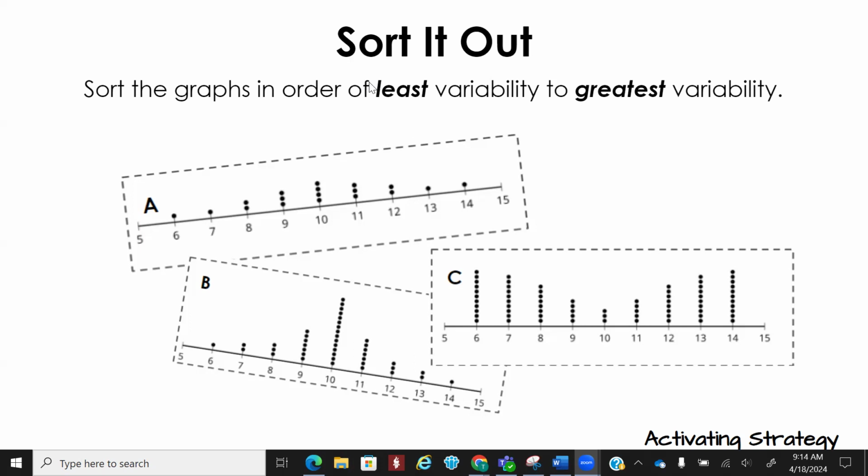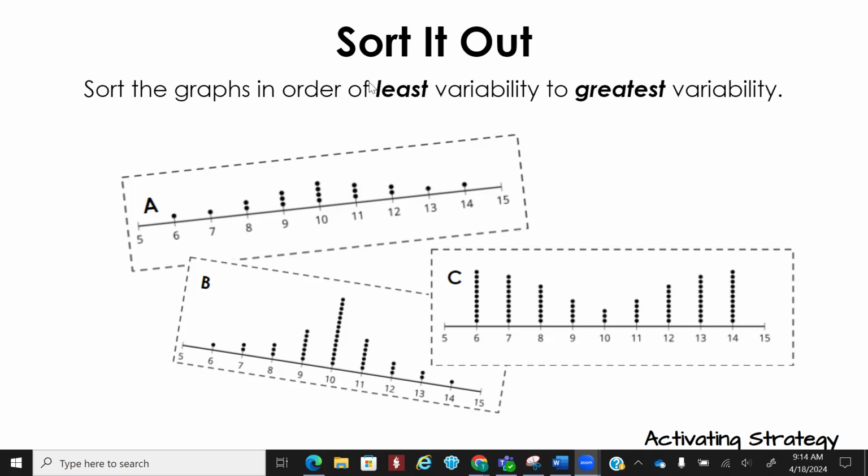When you play a sport and you have that one person on your team who does pretty well one day, and then the next day they absolutely suck at whatever they're doing, and you can never really trust them, right? They have a lot of variability.